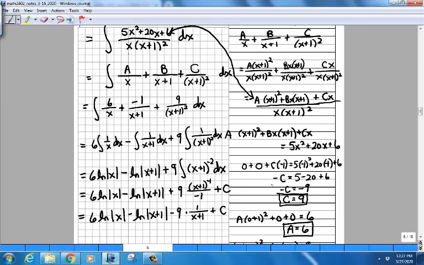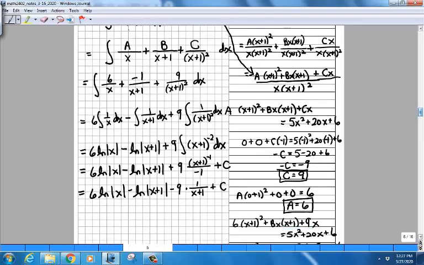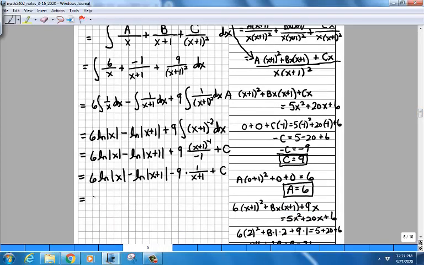So that would be 1 over x plus 1. So altogether here, finally, we write this in the cleanest possible form. We would get 6 times the natural log of x, minus the natural log of x plus 1, minus 9 over x plus 1, and then plus our constant. There it is. So there's our antiderivative.